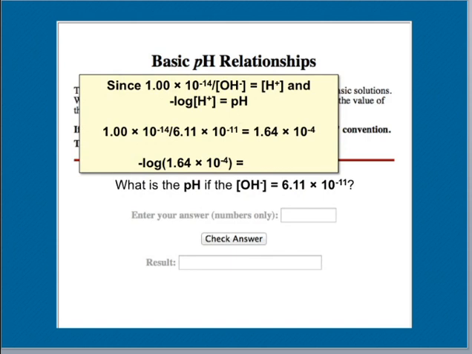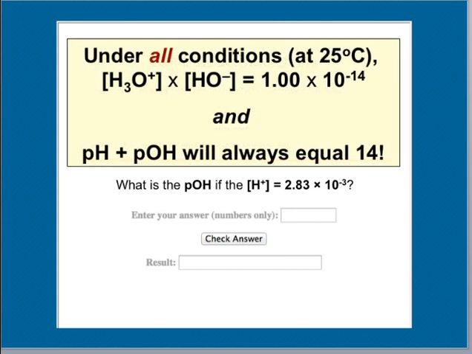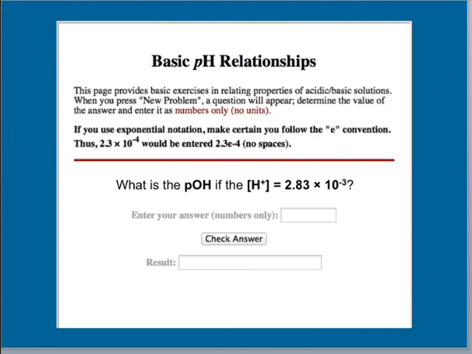Oh, what is it? 1 times 10 to the negative 7. Shoot, hang on. This is what I wanted to come up here. Remember, under all conditions, hydroxide times hydronium is 10 to the minus 14. So remember that. Also remember pH plus pOH is 14. So write those on your hand, and let's go back to where we were.